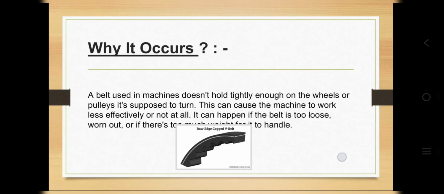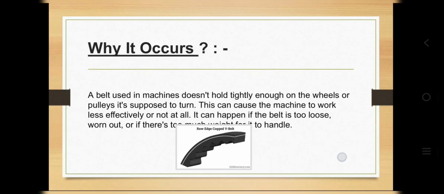Why does it occur? A belt used in machines for transmitting power sometimes doesn't hold tight on the wheel or pulley, which is supposed to turn. This can cause the machines to work less effectively or not at all.